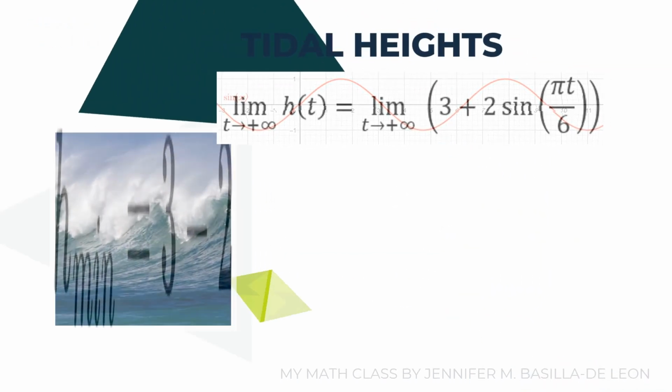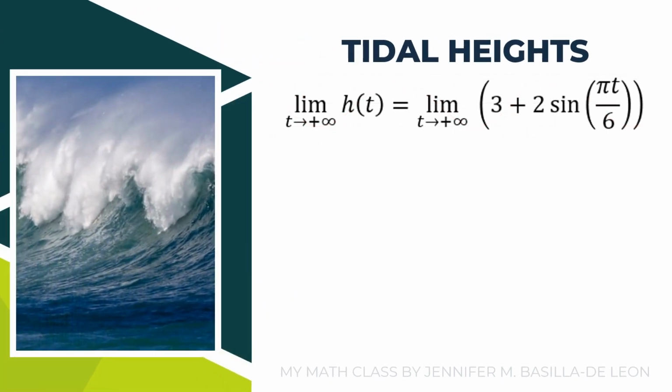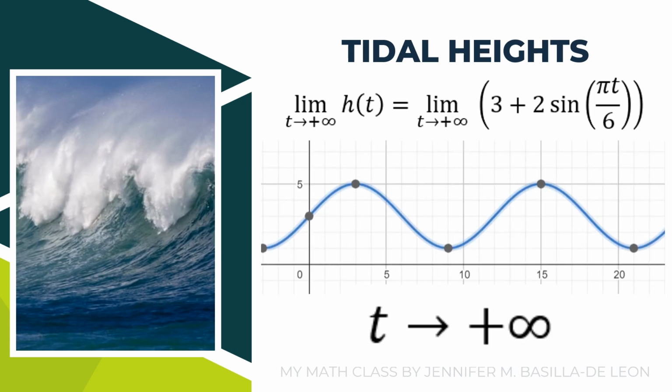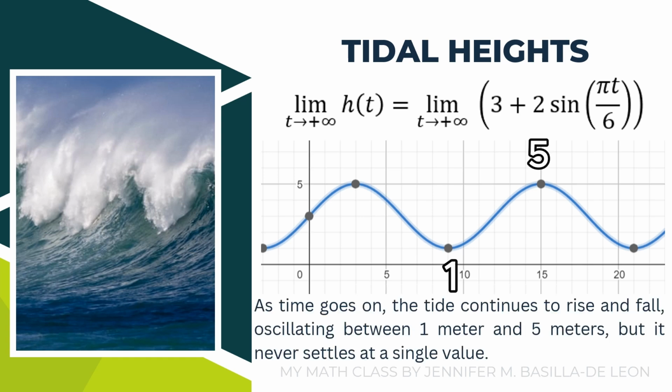We can also answer the question by analyzing the graph of the limit of h of t as t approaches positive infinity. In the graph, as t approaches positive infinity, the curve oscillates between 1 and 5. This means that the tide continues to rise and fall, oscillating between 1 meter and 5 meters, but it never settles at a single value.